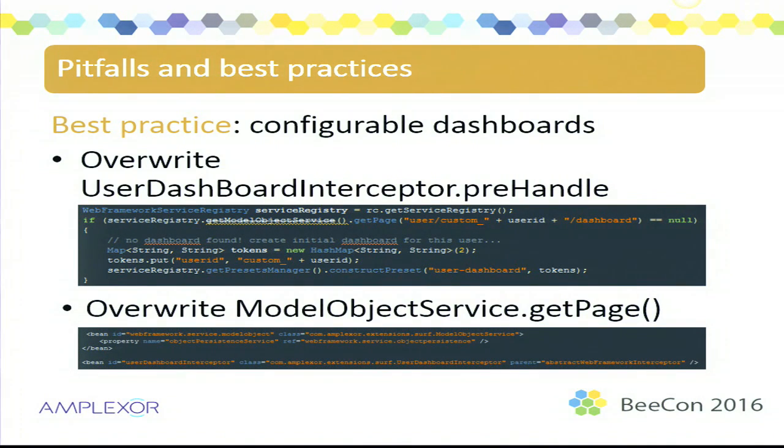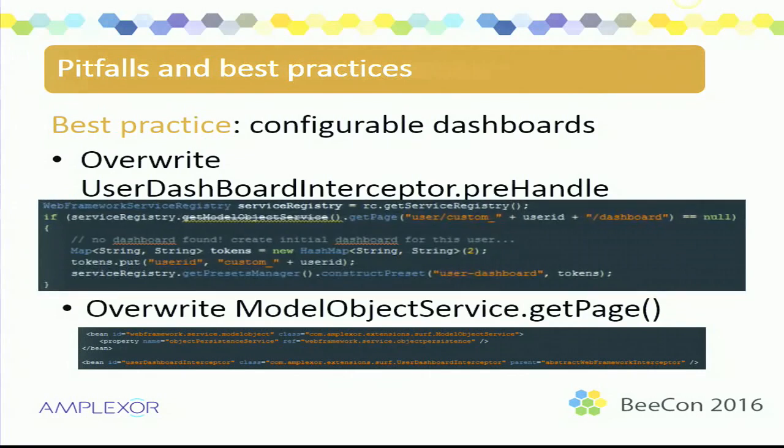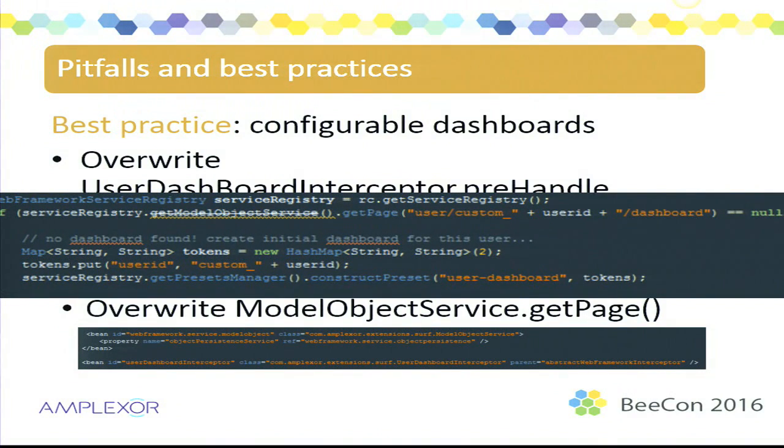Now suppose a fixed dashboard isn't an option and you want configurable dashboards per share client. Then you need to do an extra action, and that's to override the user dashboard interceptor pre-handle method. Every time it checks if your dashboard already exists, and if it's going to create it, it normally only uses the user ID as a variable.